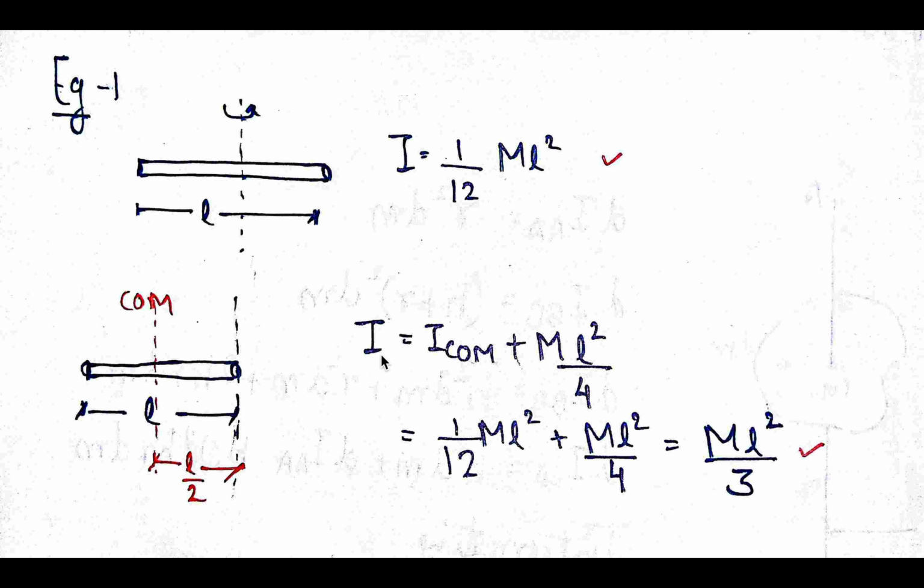We know that the moment of inertia about this axis, that is the axis passing through the end, using the parallel axis theorem, will be equal to I com plus m into the distance between the two axes square. So I equals I com plus m, and this perpendicular distance is L by 2, so this will become L square by 4.